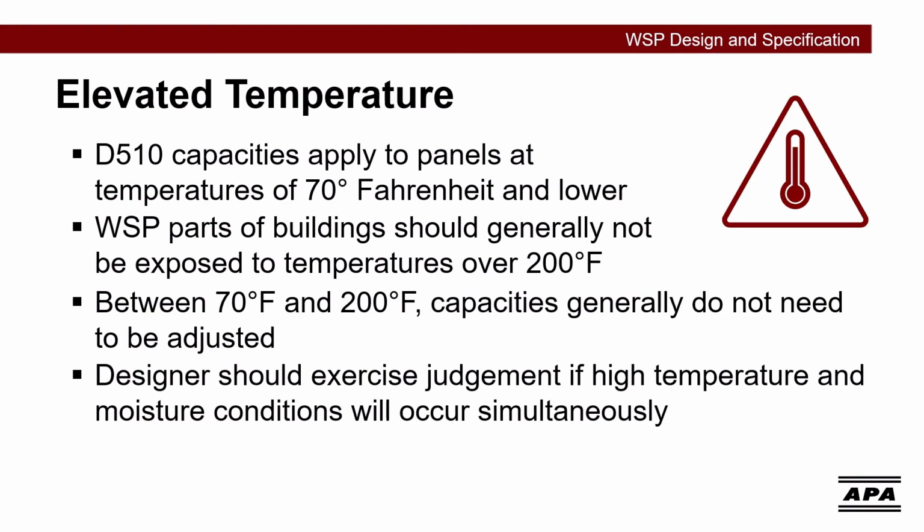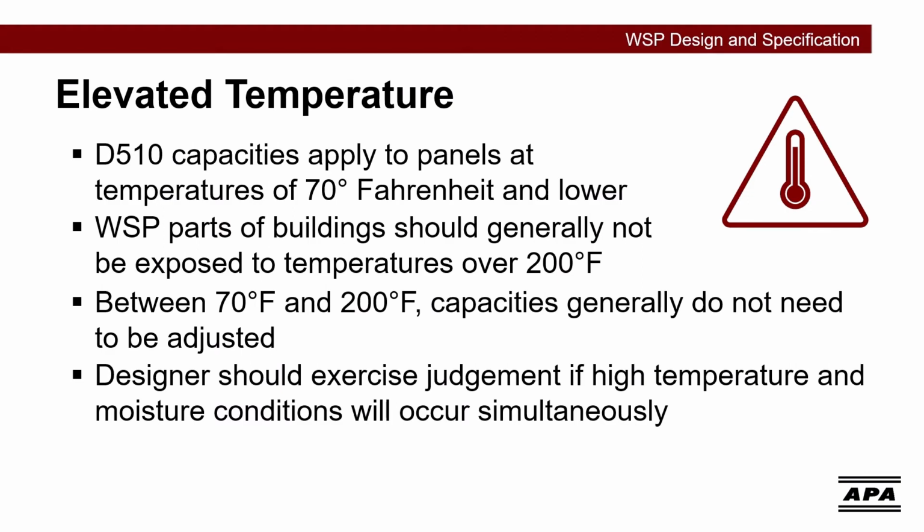Design capacities noted in D510 apply at temperatures of 70 degrees Fahrenheit and lower. Wood structural panel parts of buildings should not be exposed to temperatures greater than 200 degrees for more than very brief periods. Between 70 and 200 degrees, adjustments generally do not need to be made.